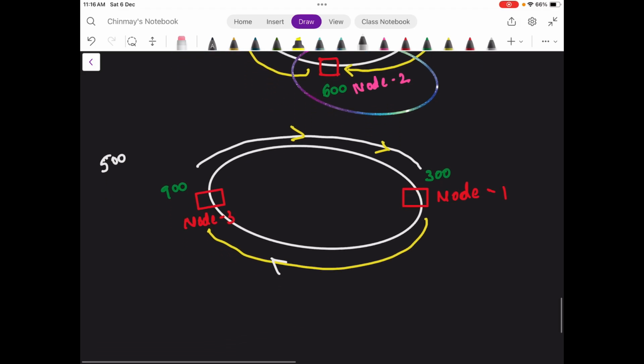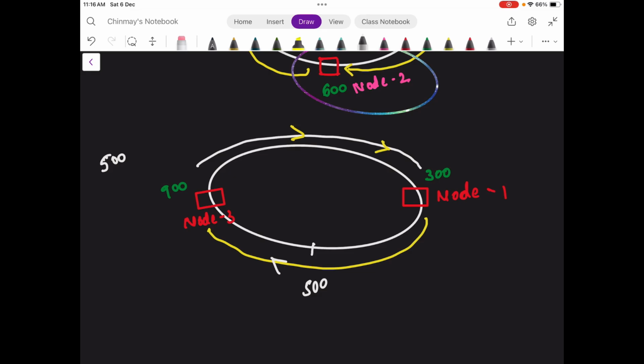This 500 is present between 300 and 900, so automatically it will point to node 3.